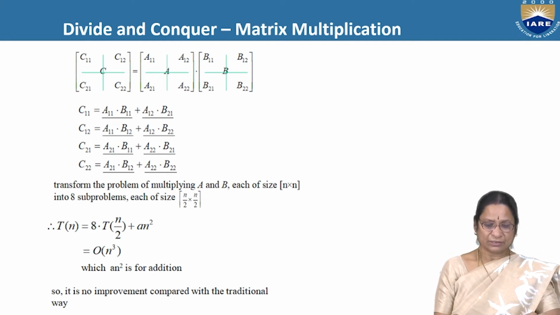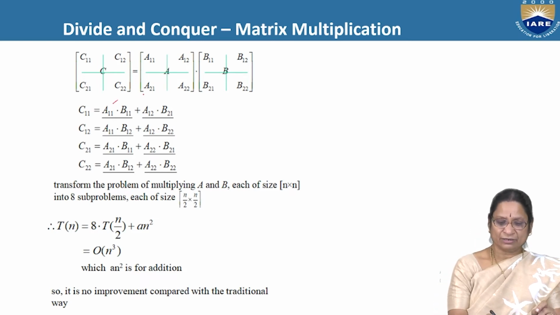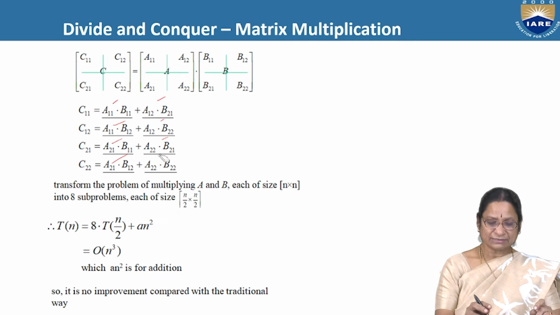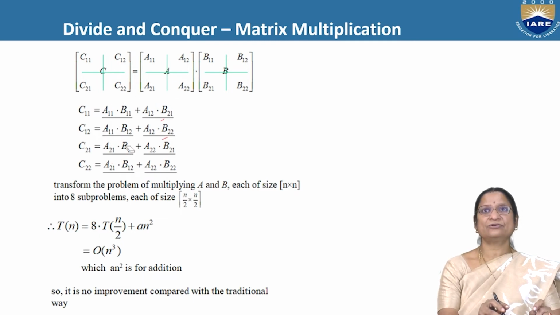That means we transform the problem of multiplying A and B, each of size n by n, into 8 sub-problems. Now you observe, 8 sub-problems are there: 1, 2, 3, 4, 5, 6, 7, 8. 8 multiplications, because A and B are each considered as having sub-matrices of order n by 2.